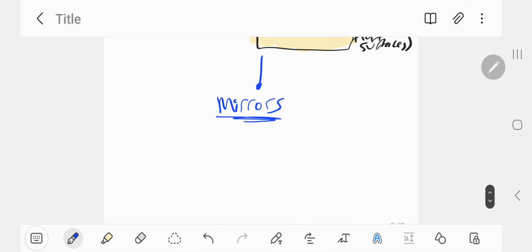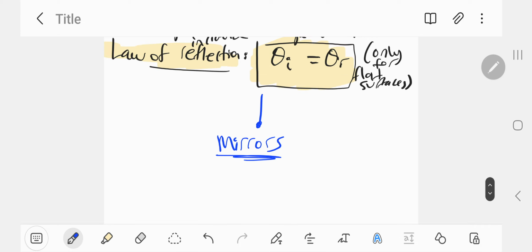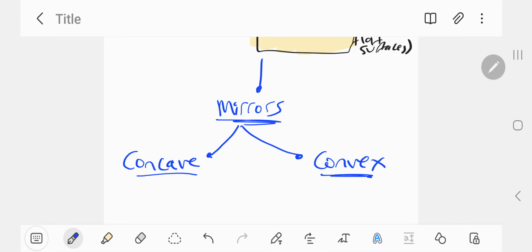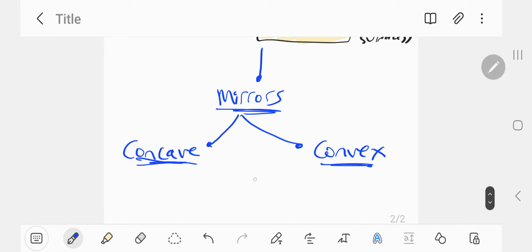Okay, typically made of glass with a reflective surface like a film. And there's two main types of mirrors. You've got concave and convex. These are just names. But with concave mirrors, think of a cave. They cave in like this. There's a two-dimensional image here.